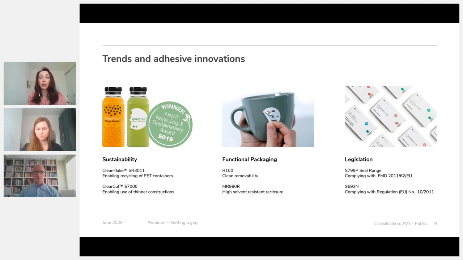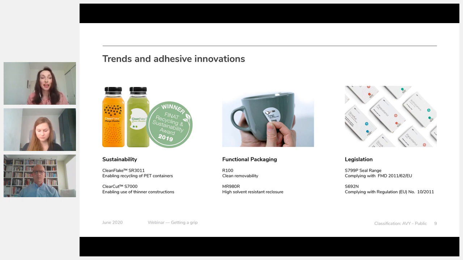Another example, I don't have it here, but this is definitely an example that touches adhesive development, is, for instance, REACH compliance. REACH compliance for us is a must, and that's something that our teams are looking into when the chemicals are changing or where there are other developments in different regions. So this is legislation, again, is key.